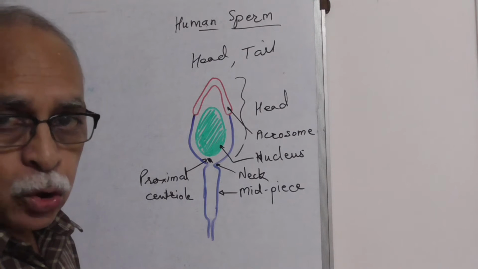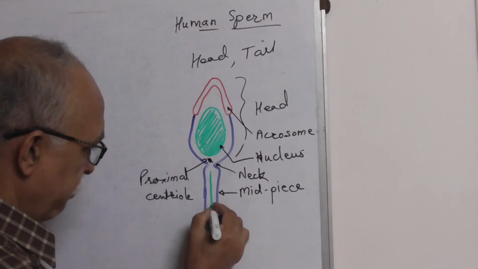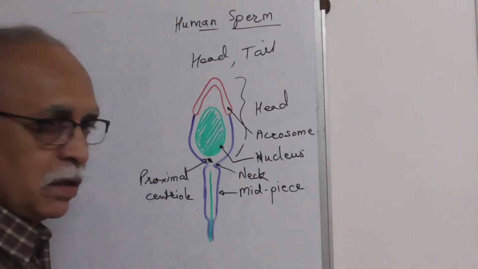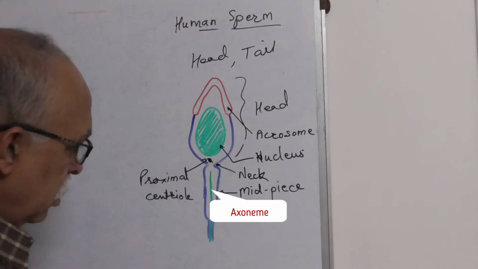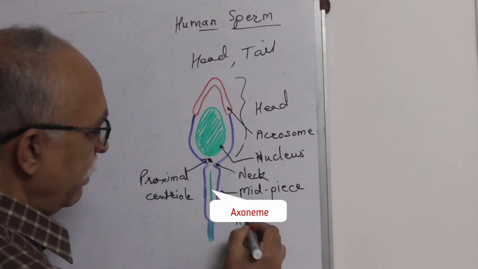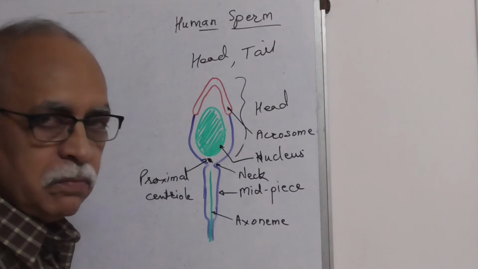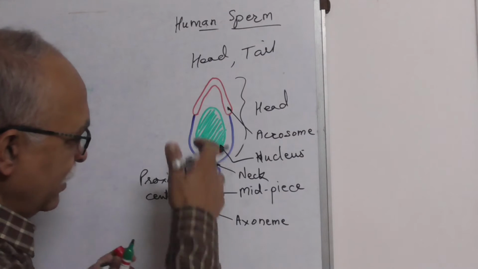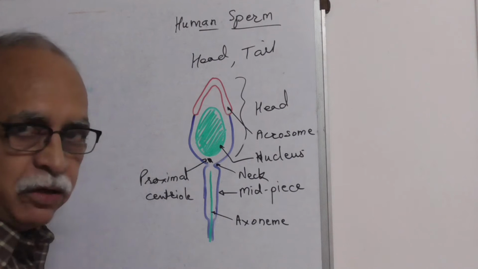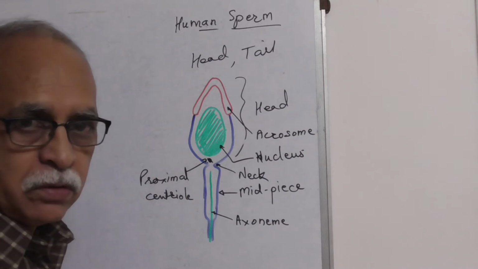Now, passing through this midpiece and continuing further is an axial filament, or it's also called axoneme. Axial because it defines the axis, passes through the central axis, and neme stands for a fiber.